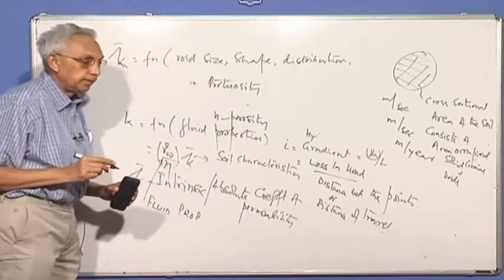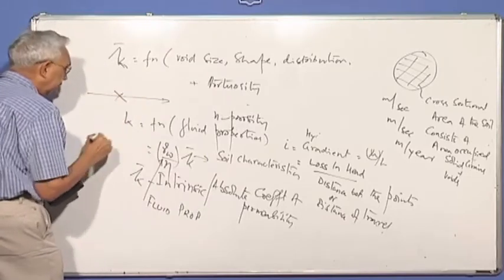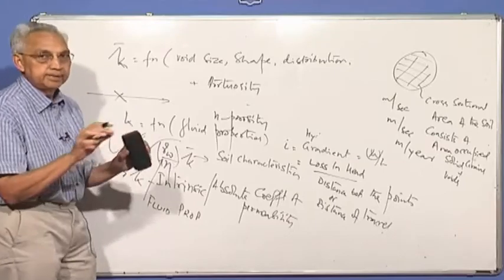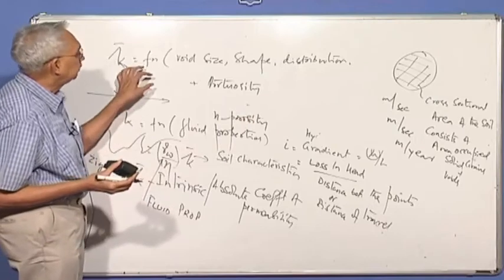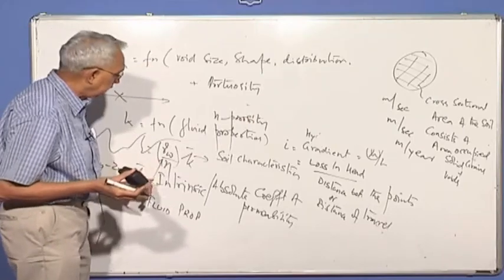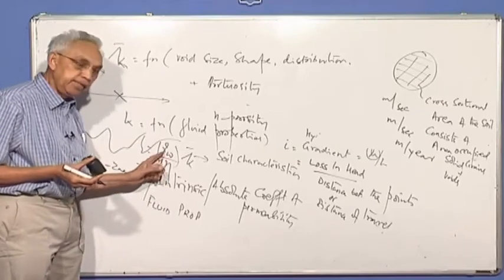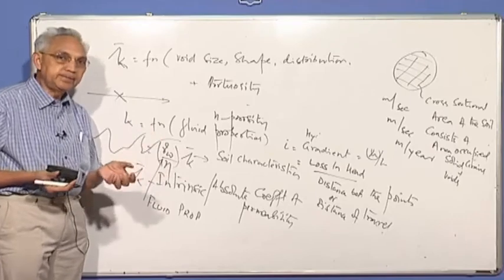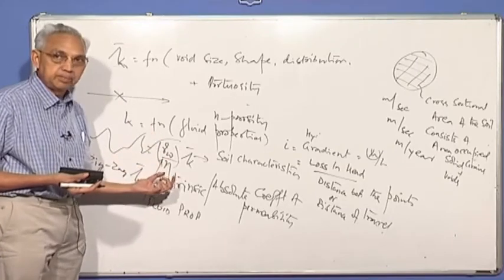Please remember, the flow will not be along a straight line, but it would be zigzag depending on how the voids are distributed along the length of flow. So this is basically a property of the soil, and we now add the characteristics of the fluid, and usually these are supposed to be functions of temperature because the density and the viscosity of a fluid are functions of temperature.